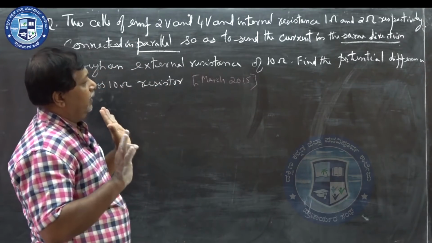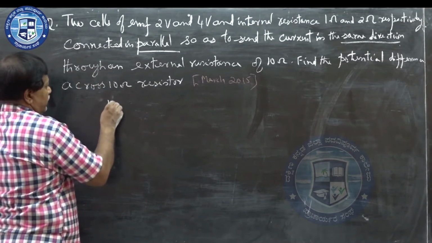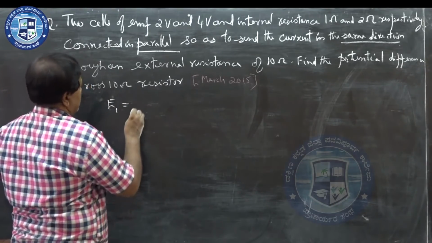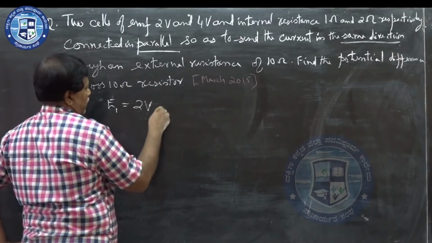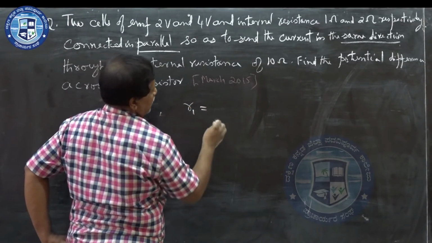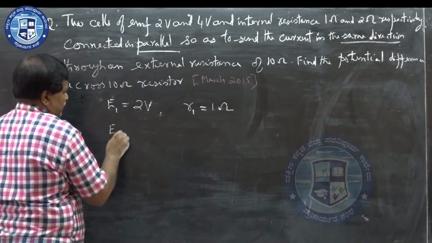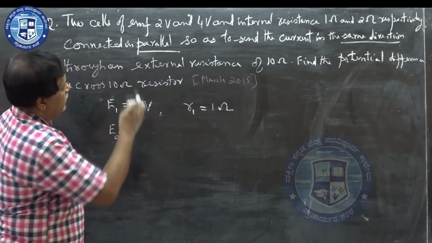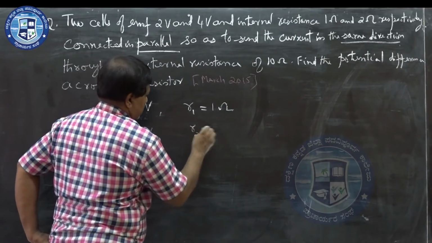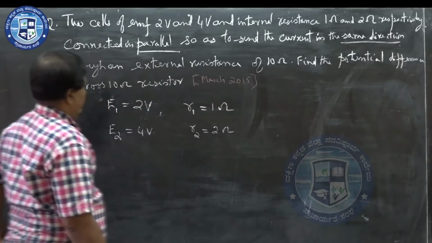So we can take the data. What are the data given? The EMF of cell 1 is 2 volt and the internal resistance of that cell is 1 ohm. The EMF of the second cell is 4 volt and its internal resistance is 2 ohm.